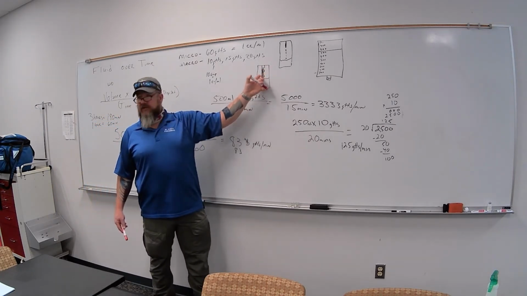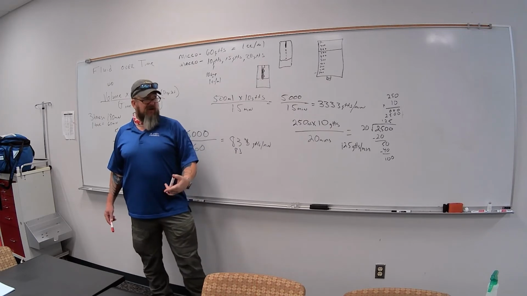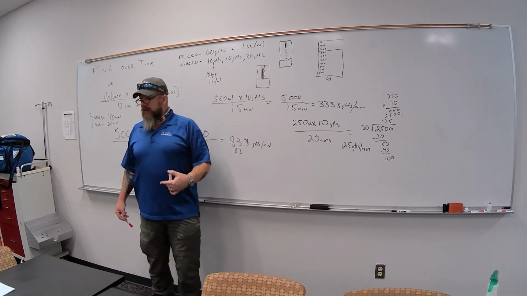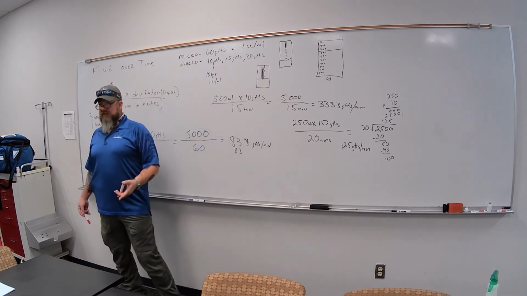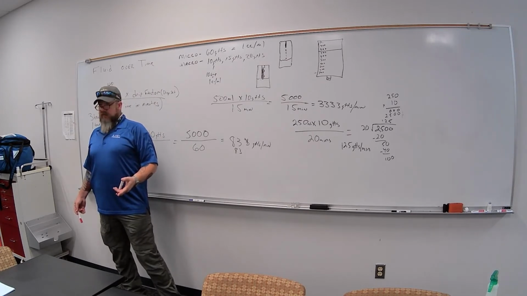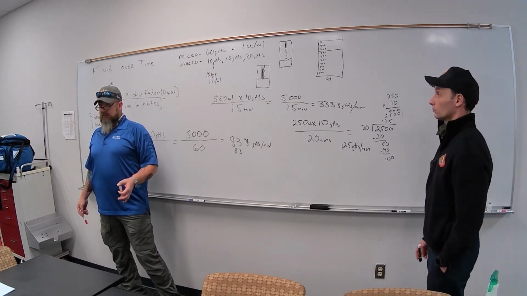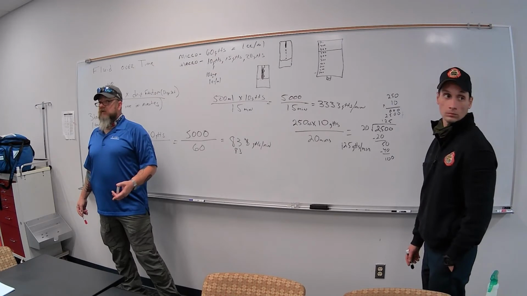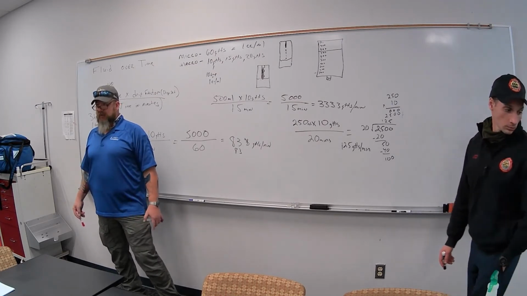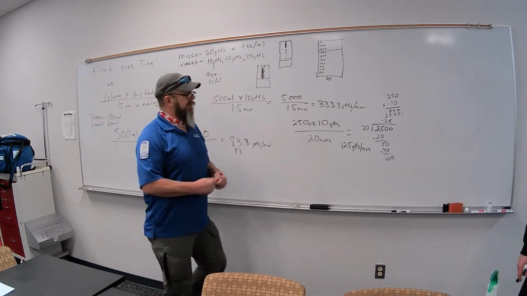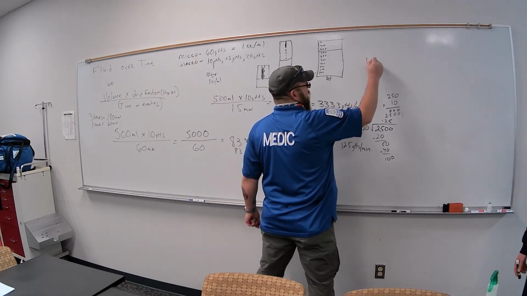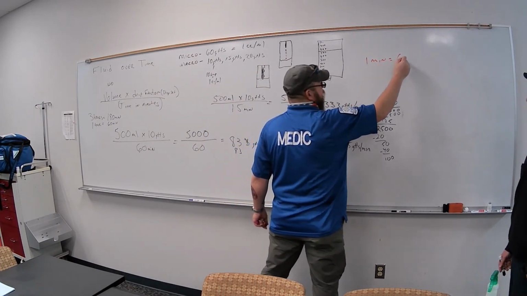It's going to look like this, because 125 drops per minute is how many per second? Divided by 60, because we're breaking down the time, right? 1 minute equals 60 seconds.